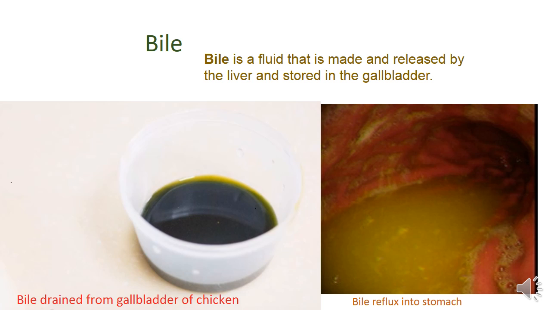This is bile which is refluxed into the stomach. Now we have used the term reflux because reflux means flow of fluid other than in its normal direction. Ideally the bile should be flowing from the gallbladder to the duodenum, but it is flowing into the stomach. That's why we have used the term reflux here. So this is what bile is.